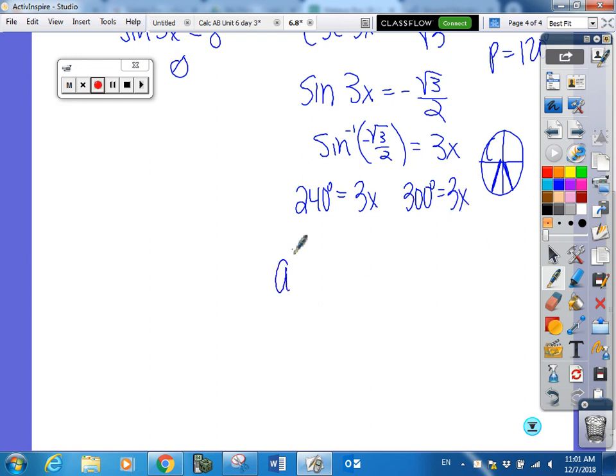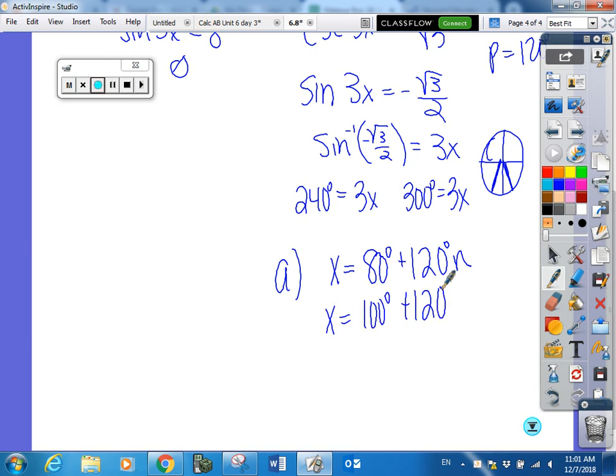So for our general solutions, divide by 3, we get x equals 80 degrees plus the period we already found to be 120, 120 degrees n, and x equals 100 degrees plus 120 n. And there are your general solutions.